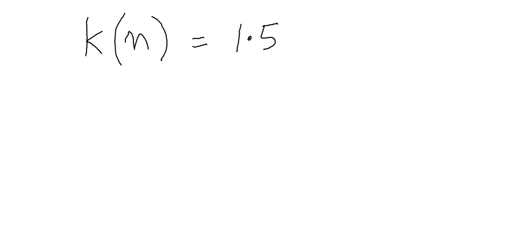Alright, so let's look at another function. A linear function is given to you, k as a function of n, equal to 1.5 times n minus 9. And k could represent anything, which is a function of n in a word problem, right?